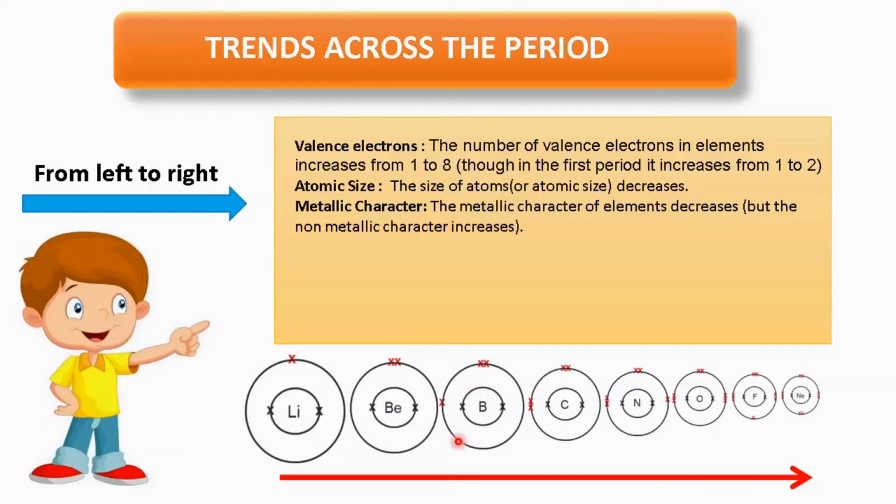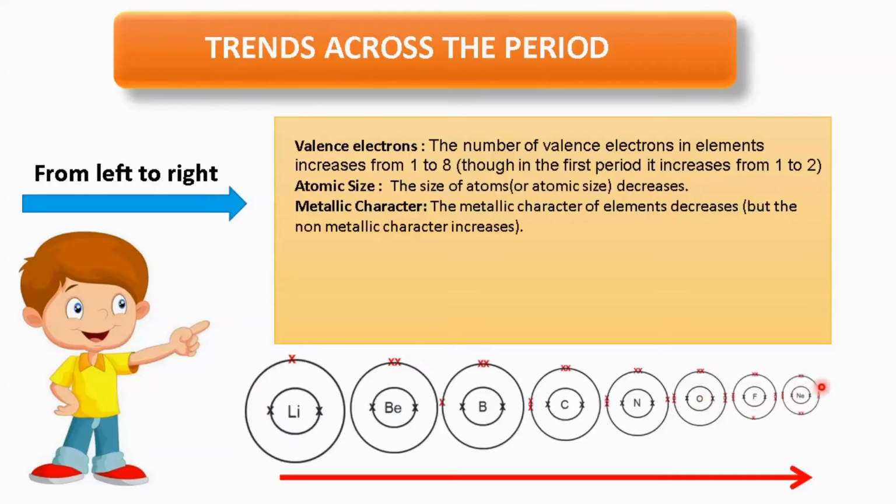Elements having 1, 2 or 3 electrons in the outermost shell would easily give up those electrons to gain the configuration of the nearest noble gas, rather than the ones which already have the noble gas configuration, which would resist losing those electrons. So from left to right, metallic character decreases.